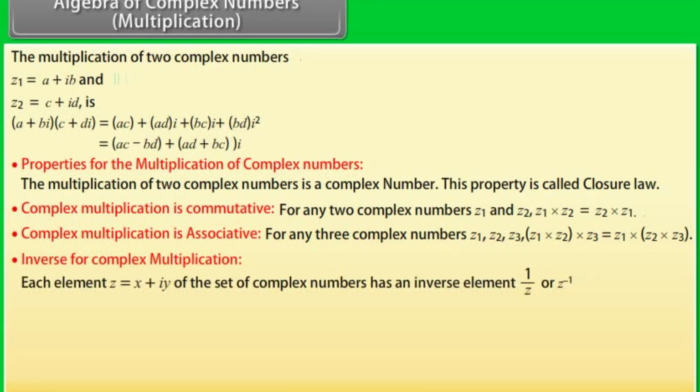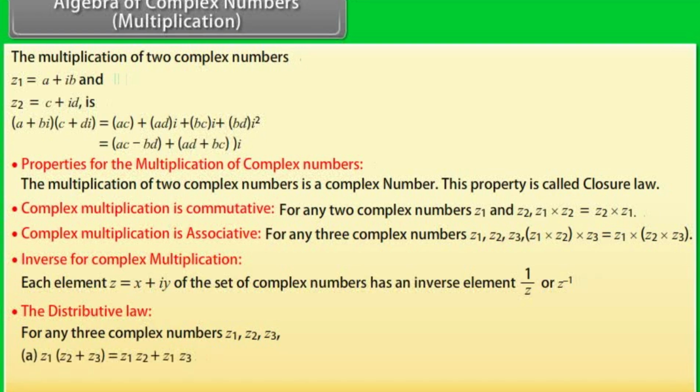Each element Z equal to x plus iota y of the set of complex numbers has an inverse element 1 by Z or inverse of Z. The distributive law. For any three complex numbers Z1, Z2, Z3, Z1 into Z2 plus Z3 is equal to Z1 into Z2 plus Z1 into Z3. Z1 plus Z2 into Z3 is equal to Z1 into Z3 plus Z2 into Z3.